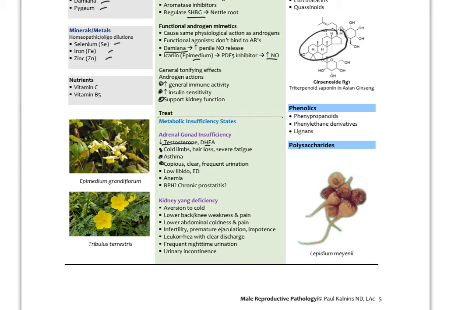Copious, clear, frequent urination is often, these are really symptoms of LUTS, lower urinary tract symptoms, and we'll discuss those in the prostate section. Low libido, erectile dysfunction, anemia, unexplained anemia, especially microcytic in an older man.